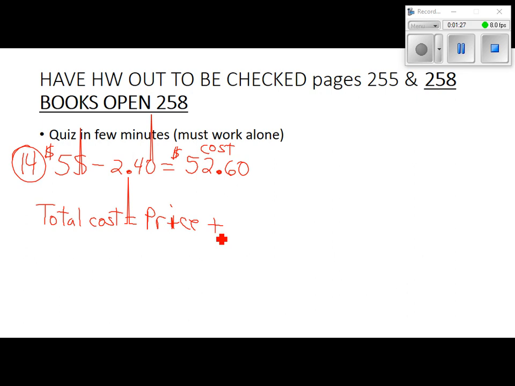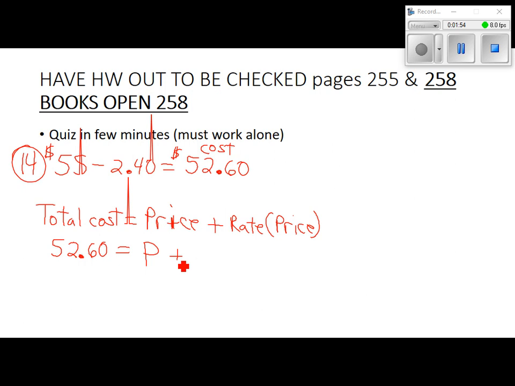And to find the tax, it's rate times price. We know the total cost was $52.60, so I'm going to write that in right here. Do we know the price of the item? No, so we're going to make that P, just for price.